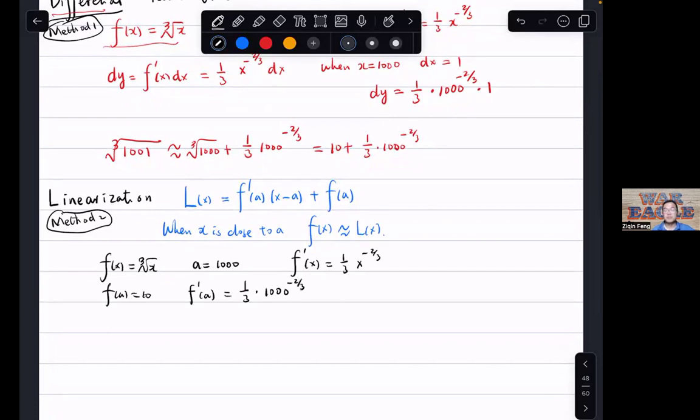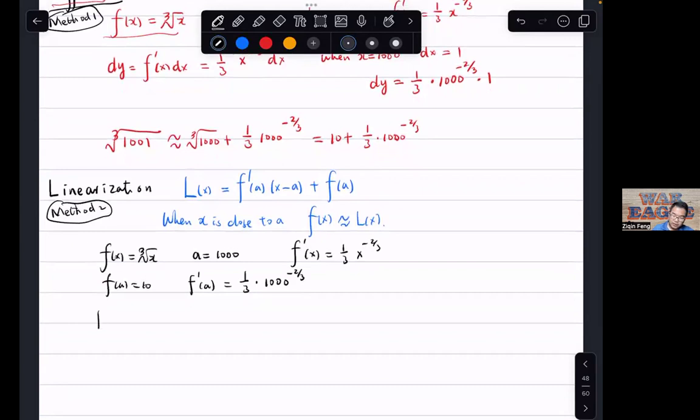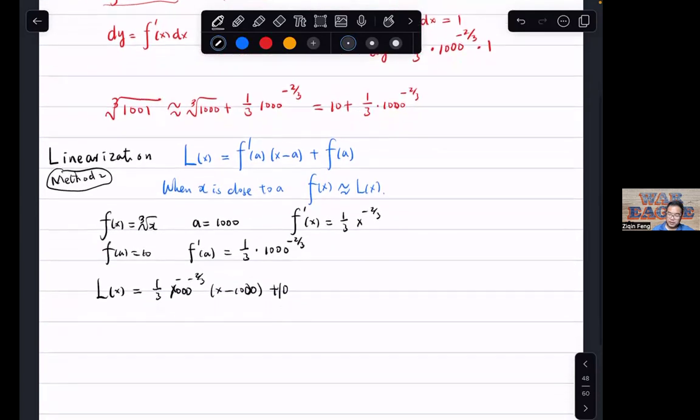So that's something we have just calculated. So the linearization of this function at a equal to 1000 is 1/3 times 1000 to the power -2/3 times x minus 1000, plus 10, right? So that's the linearization of this function.